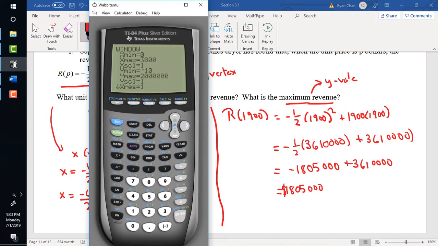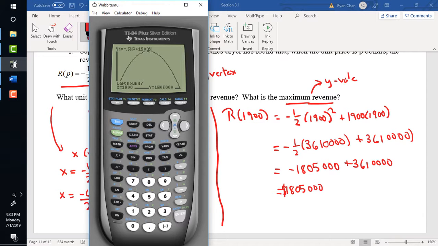Okay. So how do I find my maximum? I'm going to hit second trace, and I'm going to select option 4, which is maximum. Now, obviously, if it's a minimum, you'll select option 3, and you'll essentially do the same thing of what I'm going to do in a bit. So I'm going to hit enter.